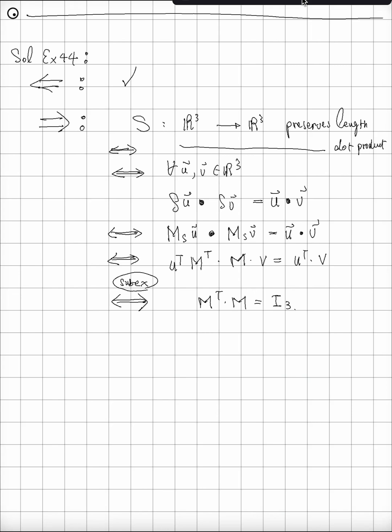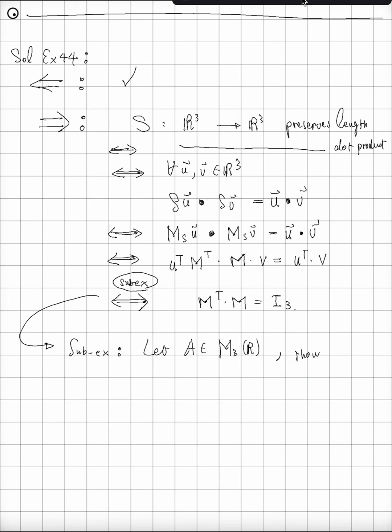So this exercise is actually saying, let me put it more generally, let A be a 3 by 3 real entry matrix.